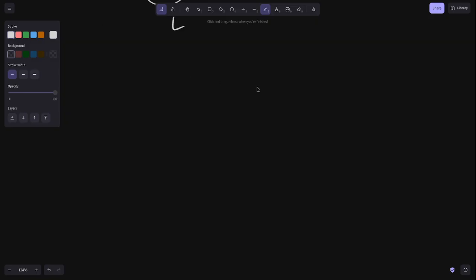I'll close all of this, and let's say the precise definition of limit. This is word to word from a book.